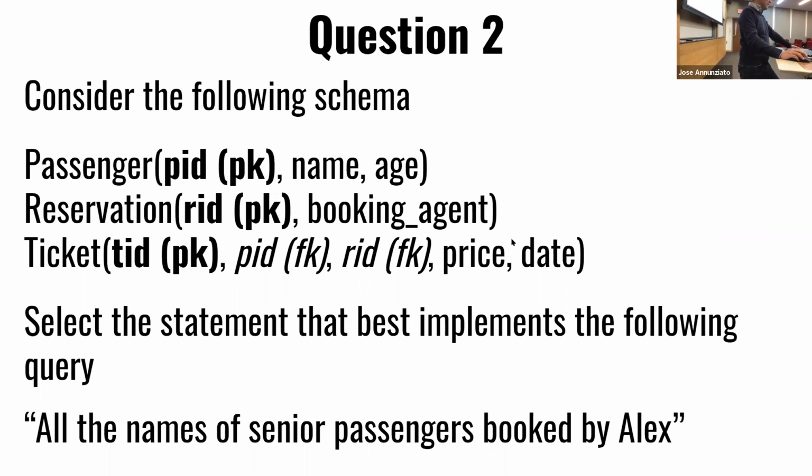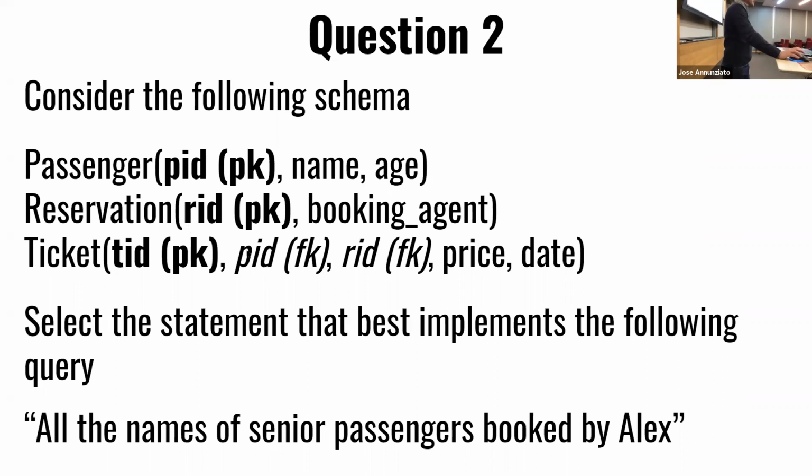And what else? Do I even need the ticket? All the names of senior passengers booked by Alex. It's not clear that I even need the tickets, because I have the reservation here for the booking agent and I have the age in the passengers. I might not even need the ticket. Unless, wait, no, I do.